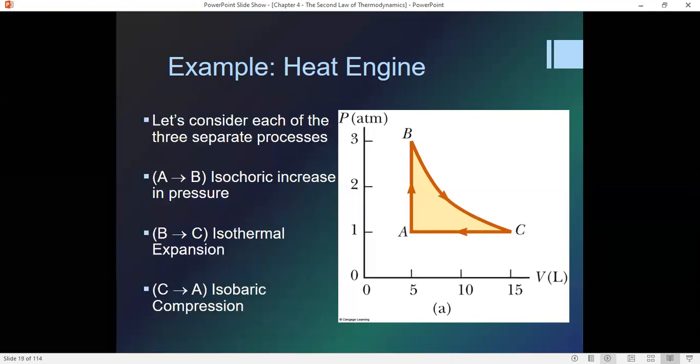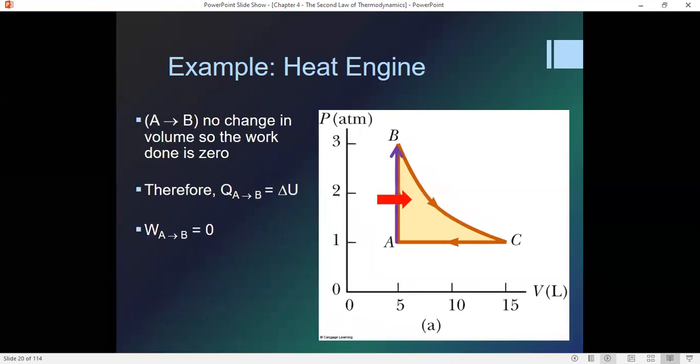Okay, let's do that. So again, A to B isochoric, there's no work being done. B to C isothermal, and then C to A isobaric compression. So once again, I'm just heating the gas from A to B. Q is coming in. Yes, that's true. So we are changing the internal energy, but no work is being done.